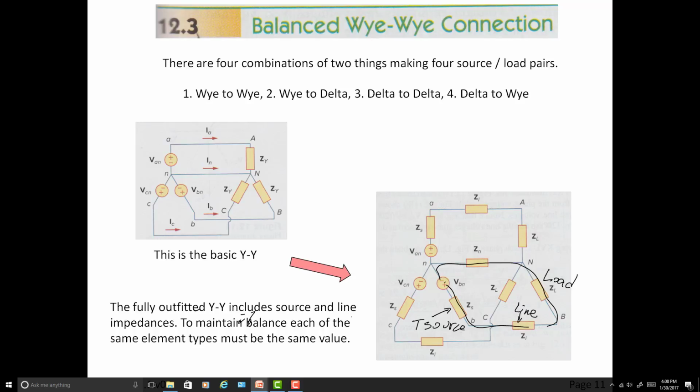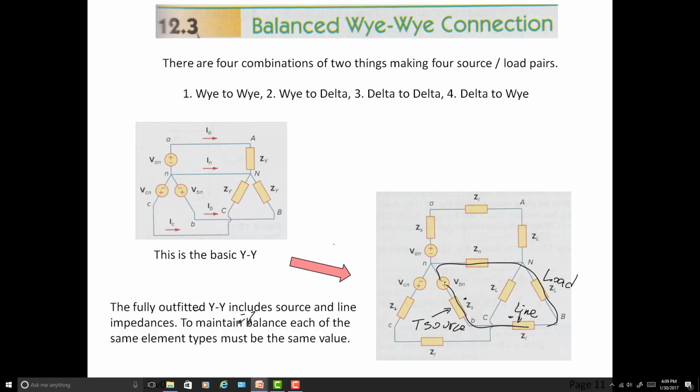Now, as he mentions, typically for power to be delivered, you want to be able to get the most current out of it, but typically source and line impedances, like here and here, are kept very, very low. Very low means low in comparison to the load.